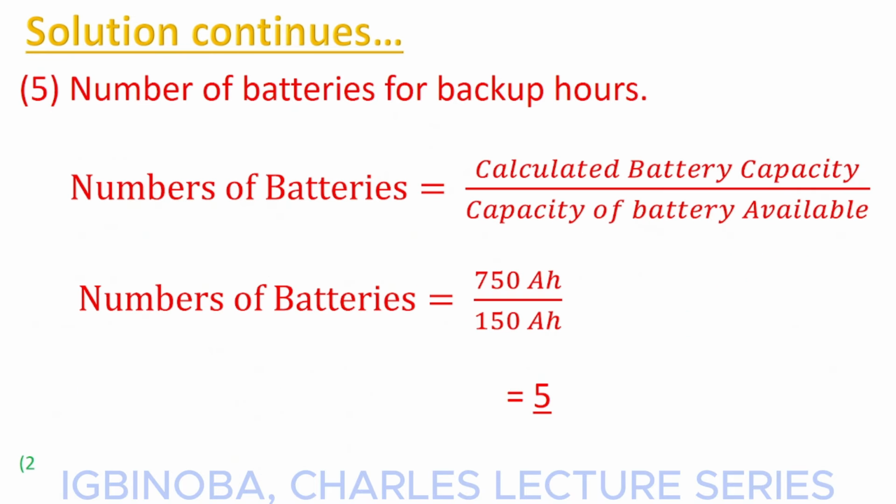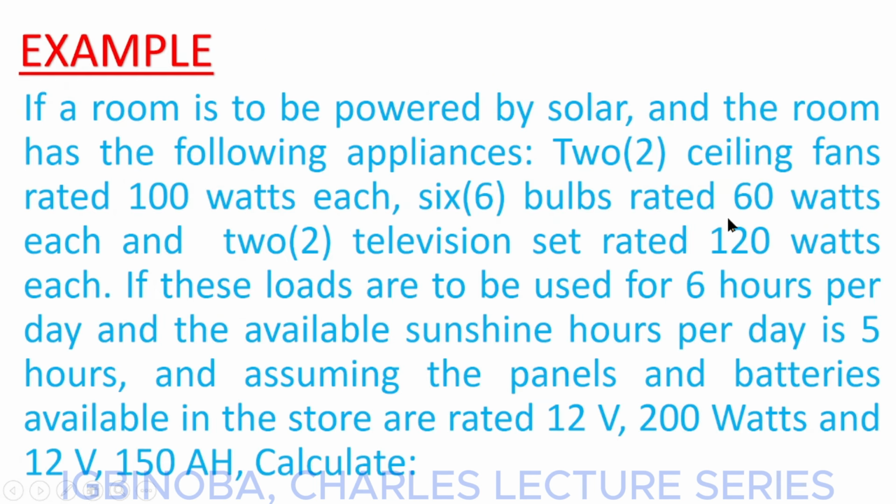The next question is the number of batteries for backup hours. So how many batteries do we need for this backup hour? To calculate that, the number of batteries simply equals the calculated battery capacity all over the battery capacity of the battery available. The capacity of the battery available according to the question is 12 volts, 150 amp hour.